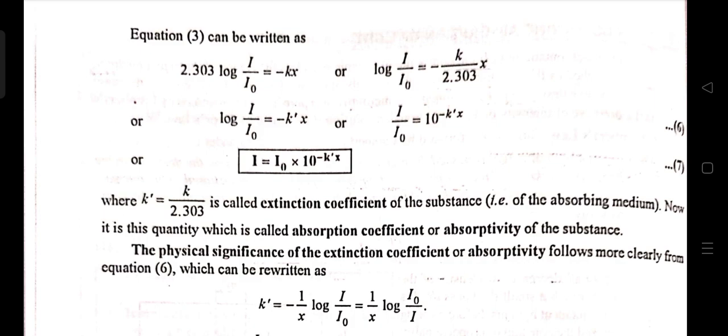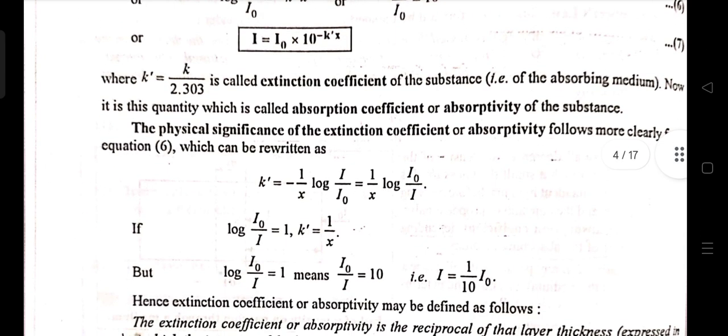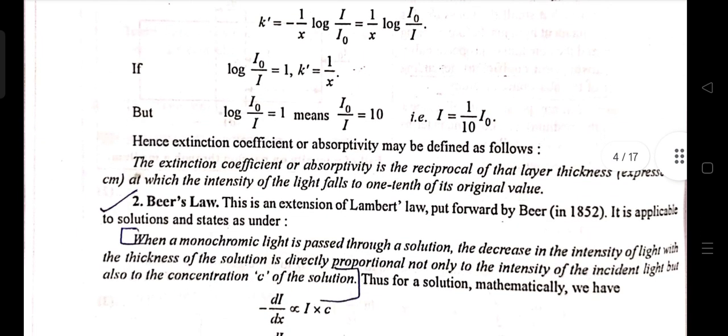Now it is this quantity which is called absorption coefficient or absorptivity of the substance. The physical significance of the extinction coefficient or absorptivity follows more clearly from the equation I/I0 = 10^(-k'x), which can be rewritten as k' = -(1/x) log(I/I0), which is equal to (1/x) log(I0/I).